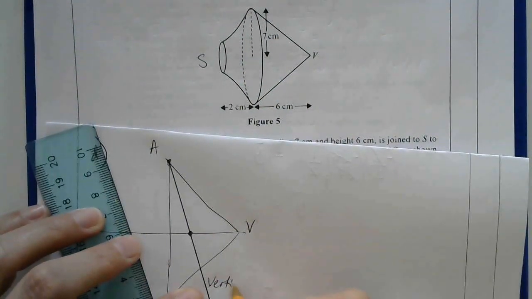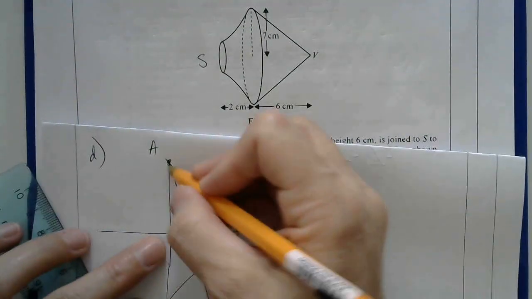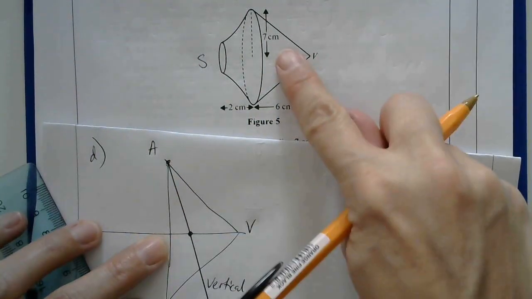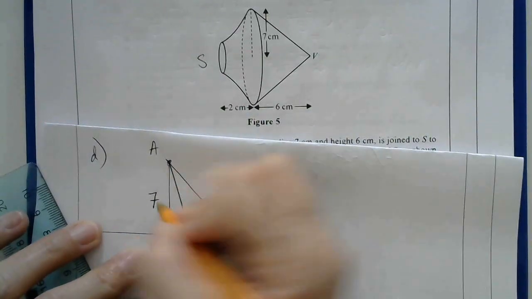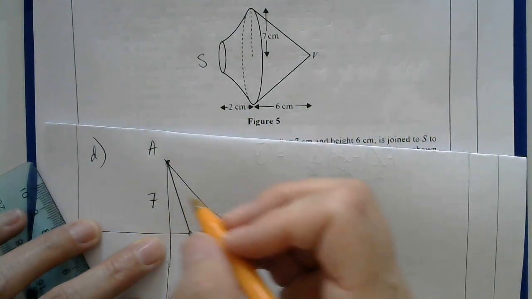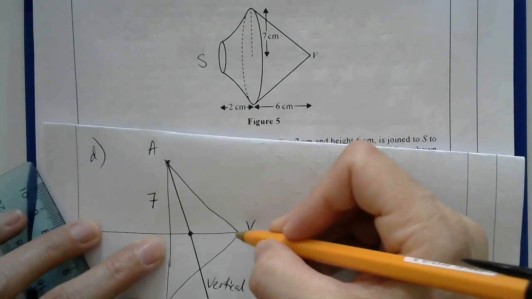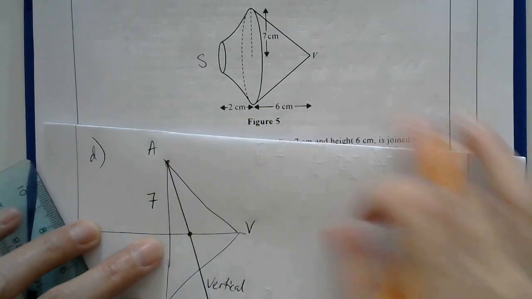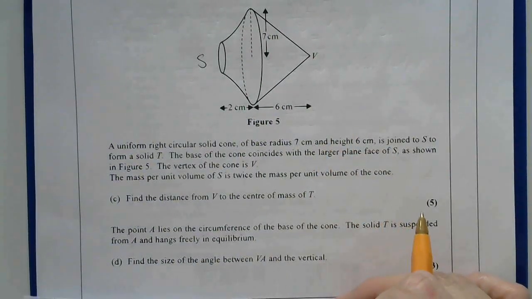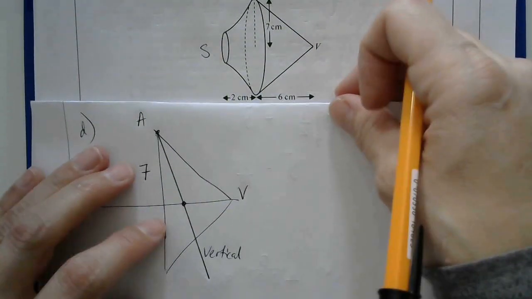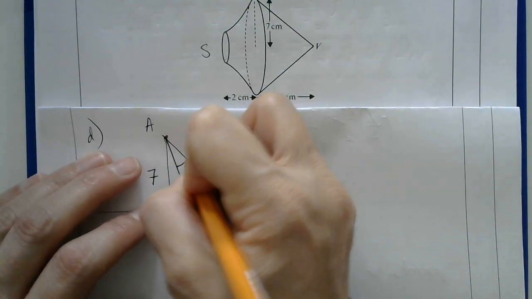So this is the vertical. Now I know this is the radius of the cone, so I know that that is 7. In order to work out the angle between VA and the vertical, just let me check, is that what they wanted? The angle between VA and the vertical, so they want this angle here.